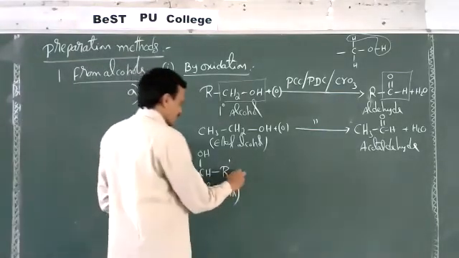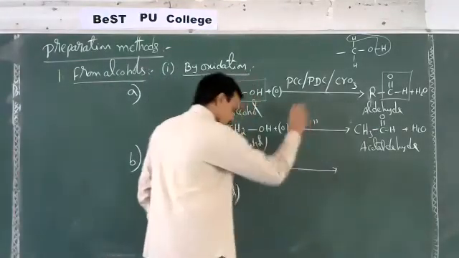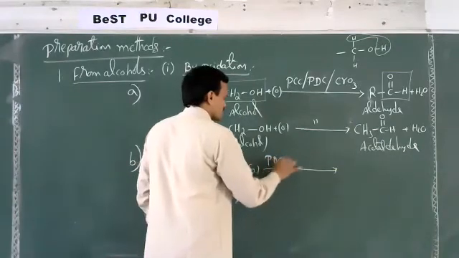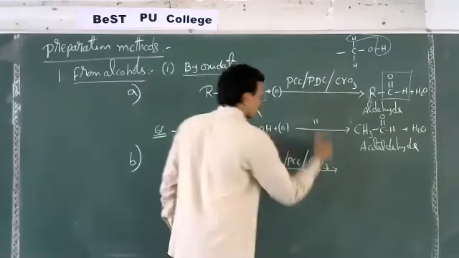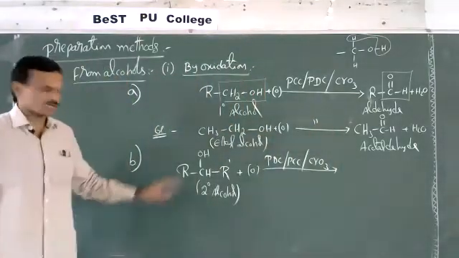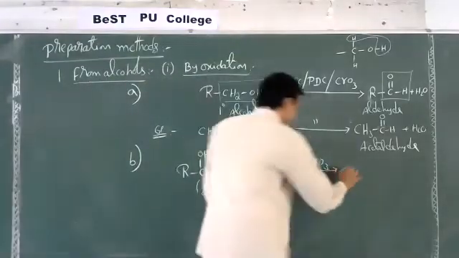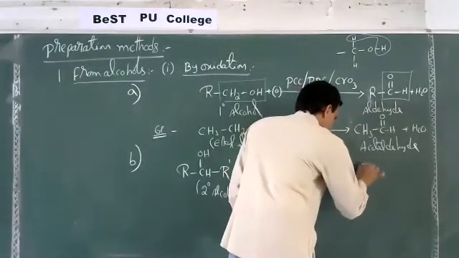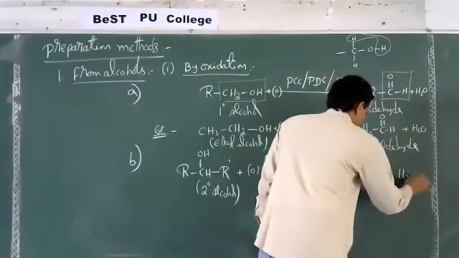So this secondary alcohol on oxidation with the same reagents, PDC or PCC or CrO3, can give ketone R CO R dash plus H2O.